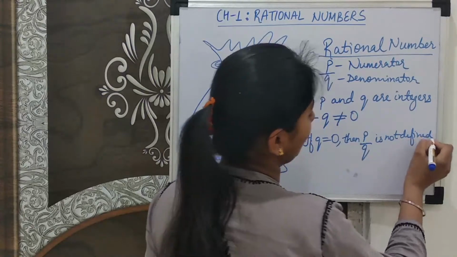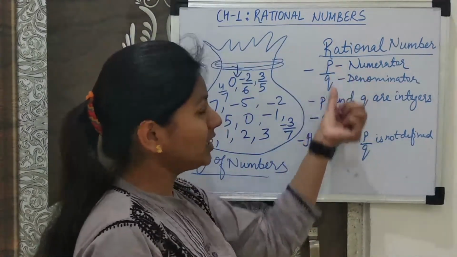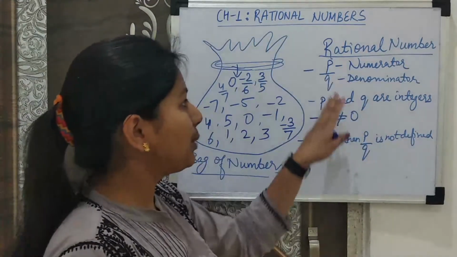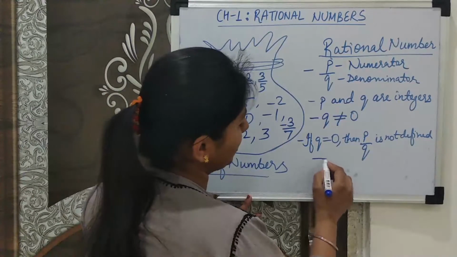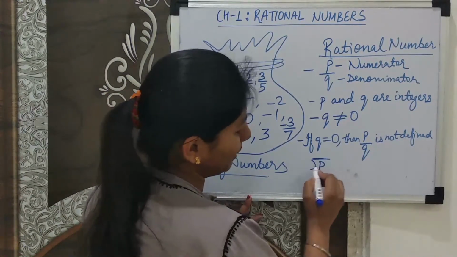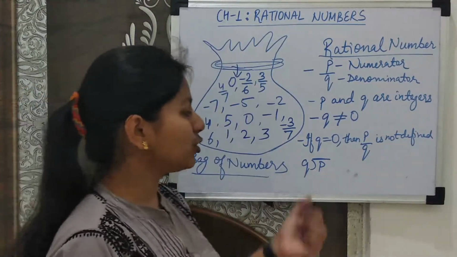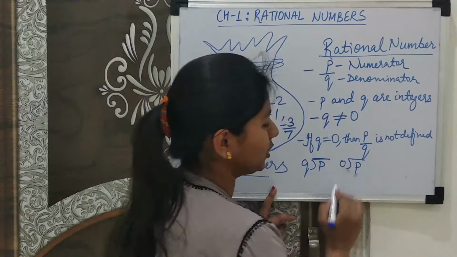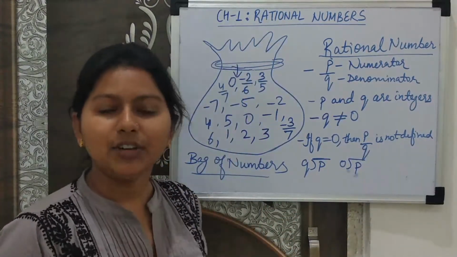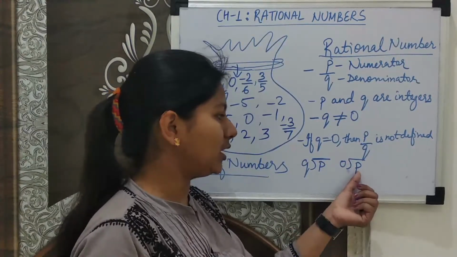Why am I saying not defined? What does p by q actually mean? This p by q means that if I am dividing, then p will act as the dividend and q should be outside. Q should act as the divisor. If I divide any number by 0, then we don't have any table of 0 from which we can get a value.